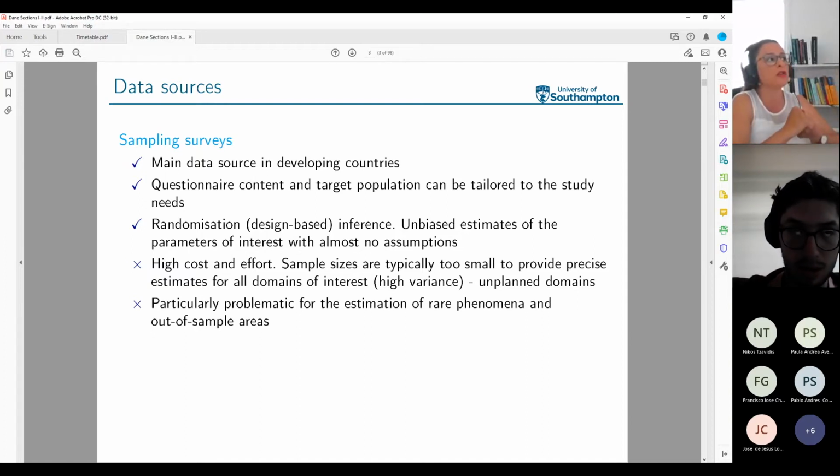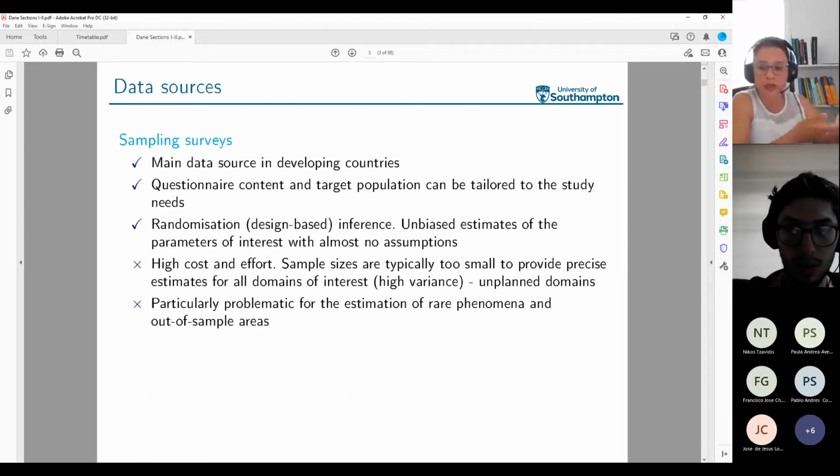Why are sampling surveys an important piece of that data ecosystem in developing countries? Fundamentally, because of two things. One thing is because those are sources where the questionnaire content and the target population can be tailored to the study needs. So if you want to measure poverty, then you can develop a survey that addresses exactly, or as close as possible, the population that you want to access, and you can decide how you want to measure that phenomenon.